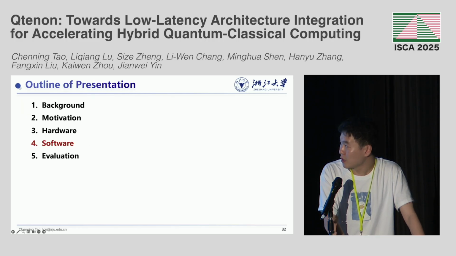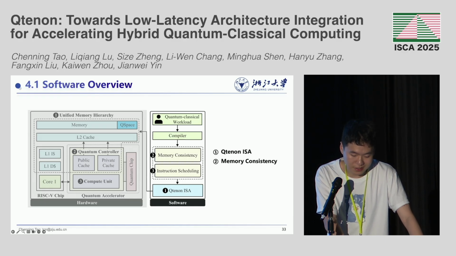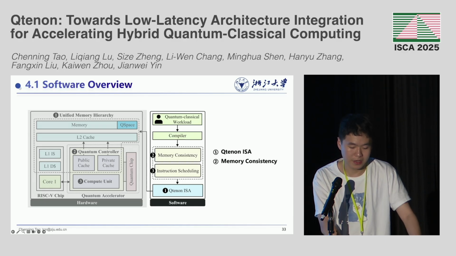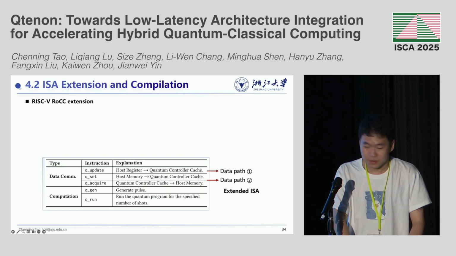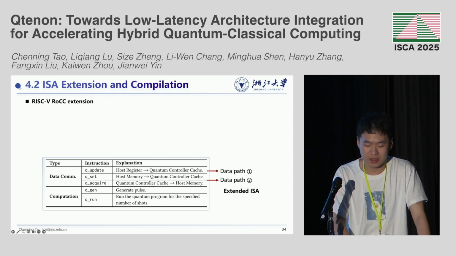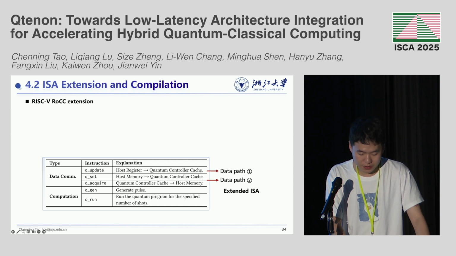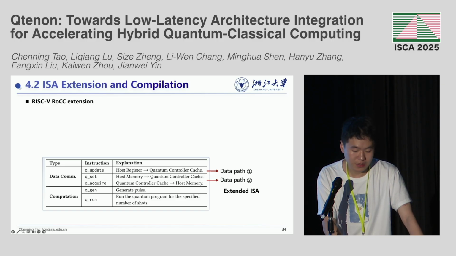On the software side, I will introduce our proposed ISA design and how we keep memory consistency. We designed our ISA by extending the ROCC interface. These extended instructions can be divided into two main categories: data communication and computation.